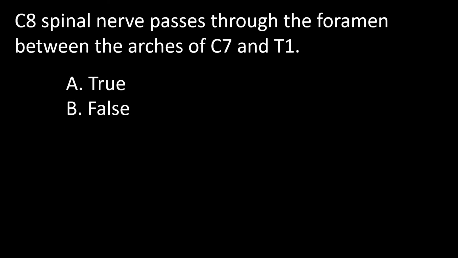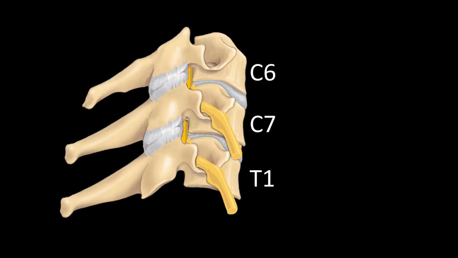Next question. C8 spinal nerve passes through the foramen between the arches of C7 and T1. A true, B false. In this figure, you can see three vertebrae. There is no C8 vertebral body.